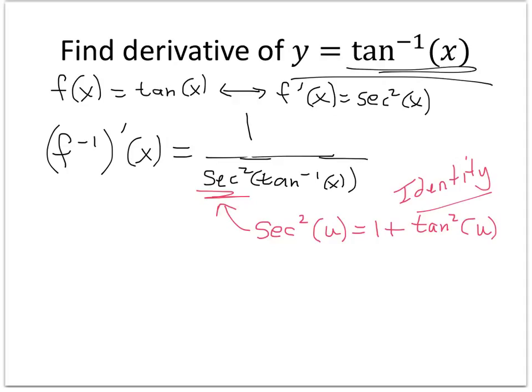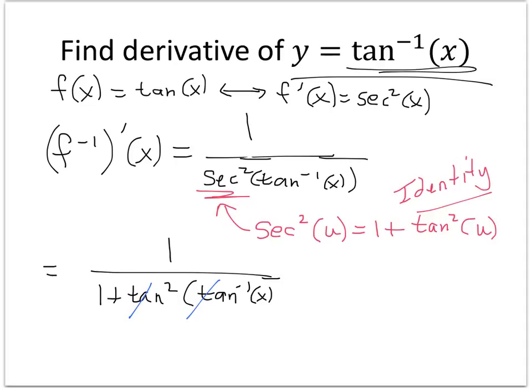All right, so I'm going to come over here and rewrite this. Where I see secant squared, I'm going to put 1 plus tangent squared. In my parentheses is going to be my inverse. And then just as we did before, we can see that this cancels. Don't forget that square.